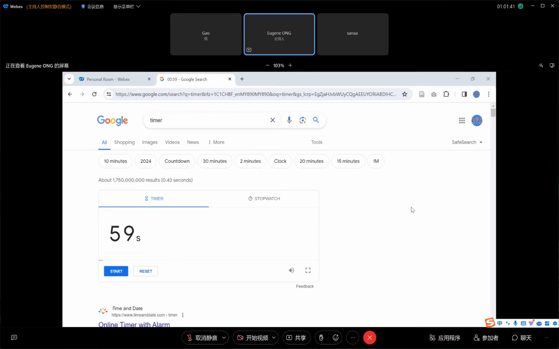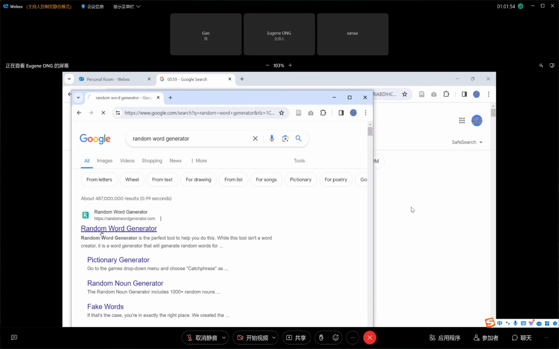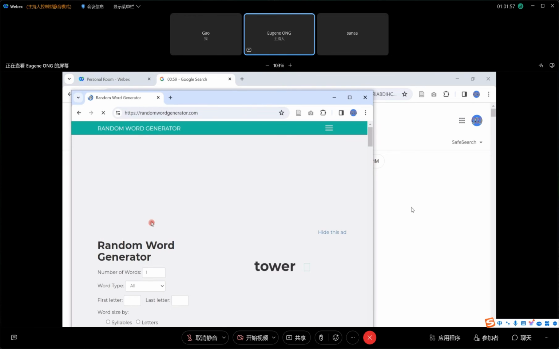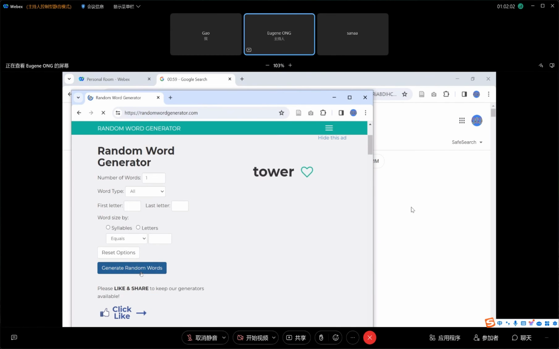Let's try and see if there's any random word generator. So let's try this random word generator. Number of words, 1. Tower. Which, not interesting. Endorse. Number. Aviation. Picture. No, I think this one is still random, right? Still random.